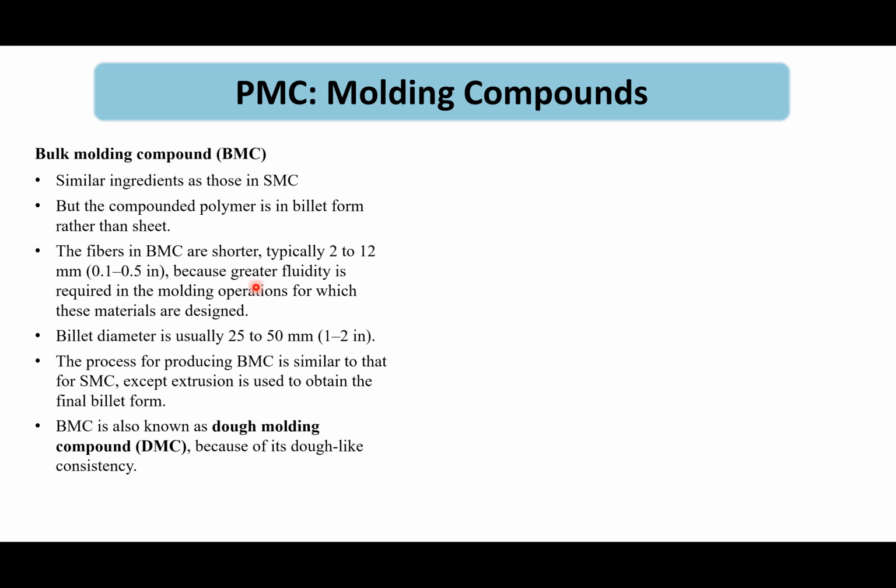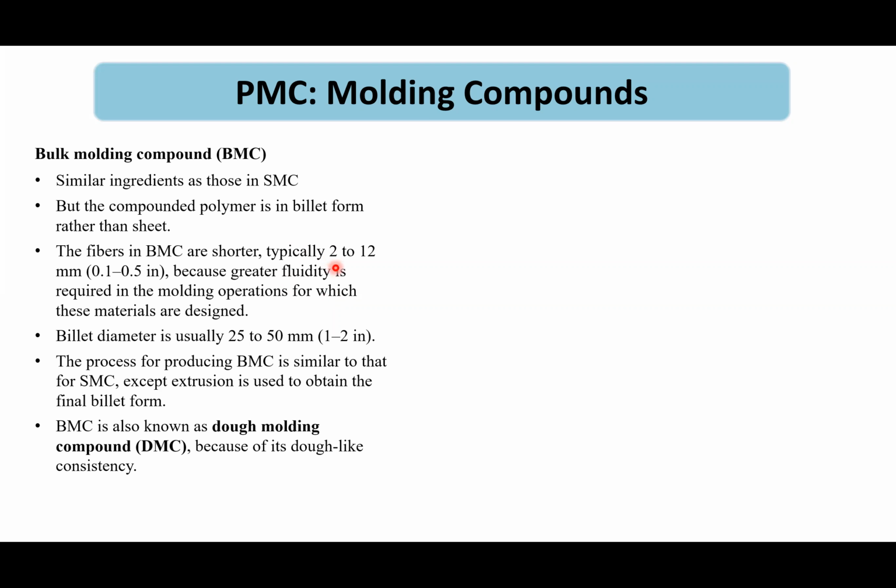In this case, the fibers are typically shorter because they need more flowability. If the fibers are longer, then fluidity is lost. In this method, we need to use an extruder to get the cylindrical form using the extrusion method, and that is why the fibers have to be smaller.